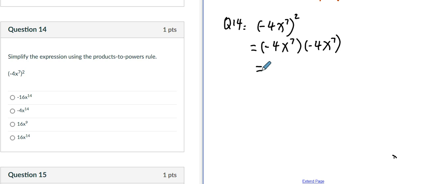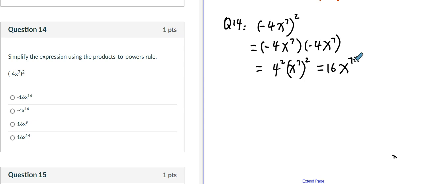You will get positive, negative times negative, and then here you have a squared, and here is x to the 7th, and then squared. As we said before, 4 squared is 16, and between 7 and 2 it is not addition.